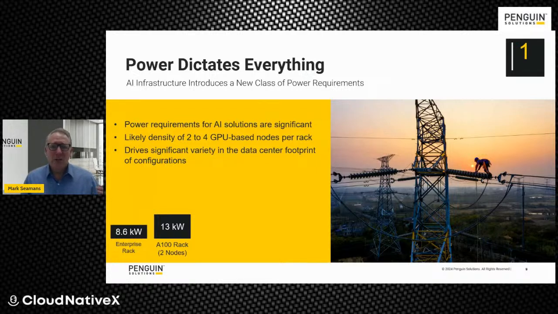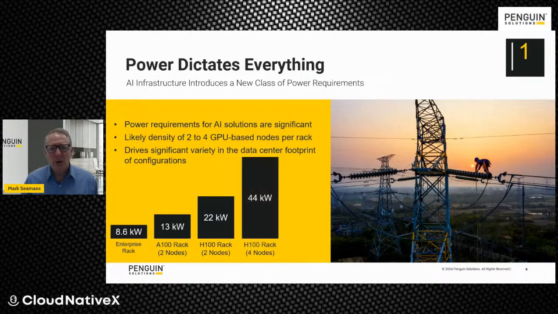More recently, as we've moved with the later generations of NVIDIA technology to the H100 processors, you take that same rack with two nodes per rack, and now it requires 22 kilowatts of power. And if you want to put more dense environments in place, maybe putting 4 nodes per rack, you're up at 44 kilowatts, which is, again, a tremendous amount of power.